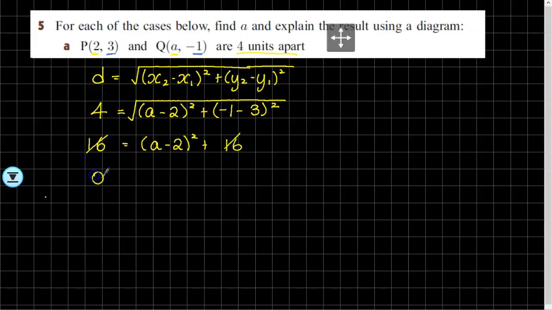So I've got 0 equals A minus 2 squared. How do I get rid of a squared? Square root. In this case, how do I square root the 0? Oh, well, that's just 0. So I get 0 equals A take 2. Therefore, A must be 2.